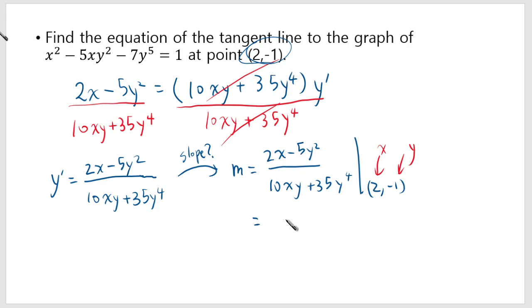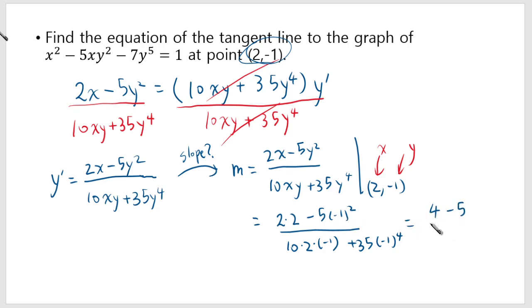That would be 2 times 2 minus 5 times negative 1 squared over 10 times 2 times negative 1 plus 35 times negative 1 to the fourth power, which is, you get 4 minus 5, which is negative 1, and then that's negative 20 plus 35, which is 15, so you have negative 1 over 15.